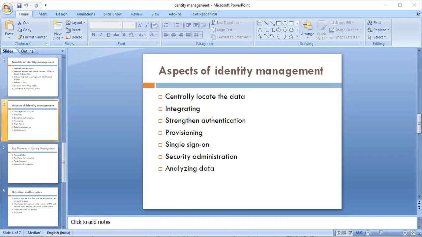All right, the other aspect is strengthened authentication. The authentication mechanisms and procedures should be very strong. If we are talking about passwords, the password should also be very strong, so that hijacking of accounts is not possible when we are working with authentication procedures.